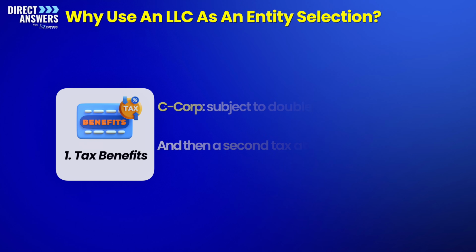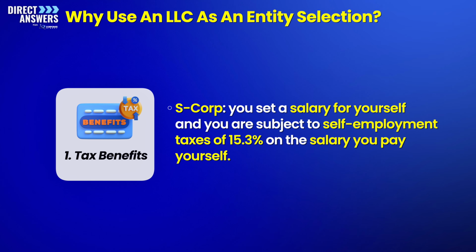LLCs can also be taxed as S Corps. This is where you set a salary for yourself and you're subject to the self-employment taxes on that salary that you pay yourself. This self-employment tax is worth 15.3%.